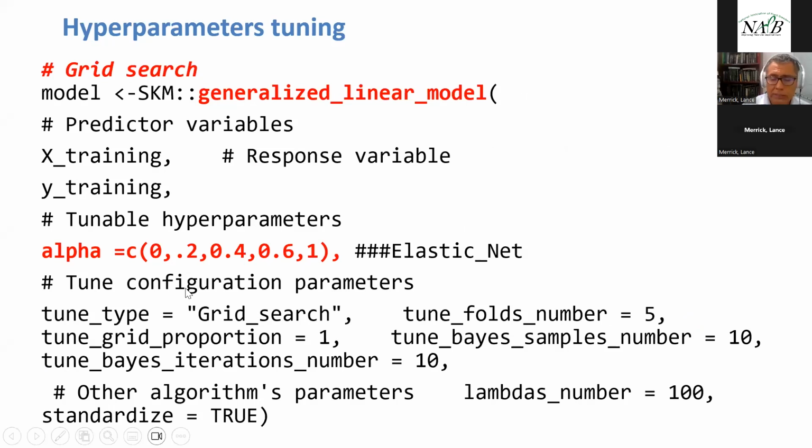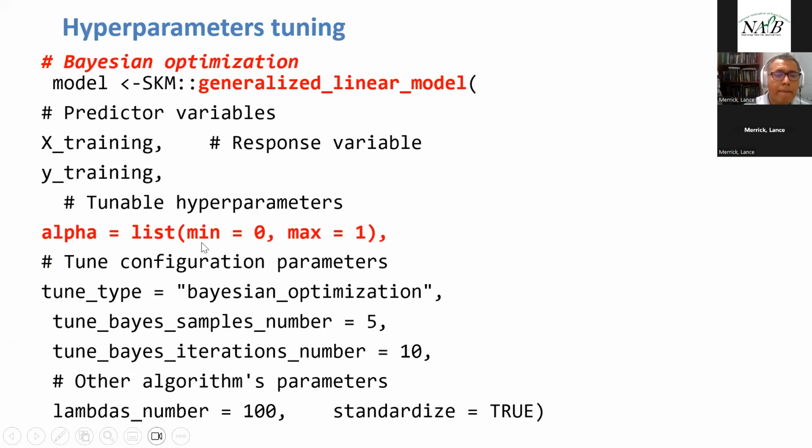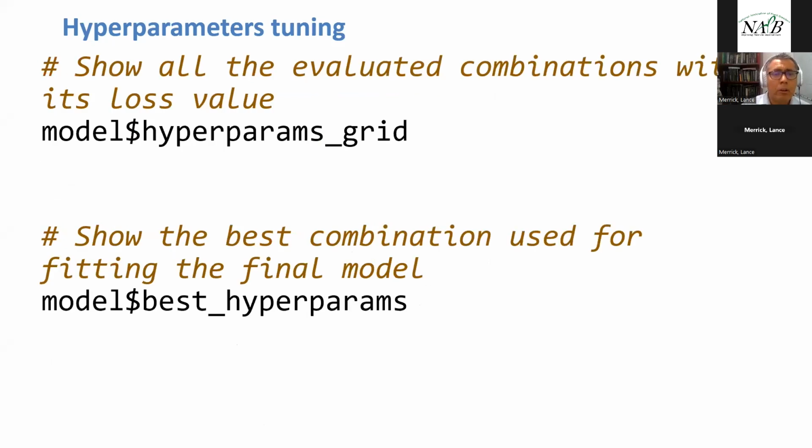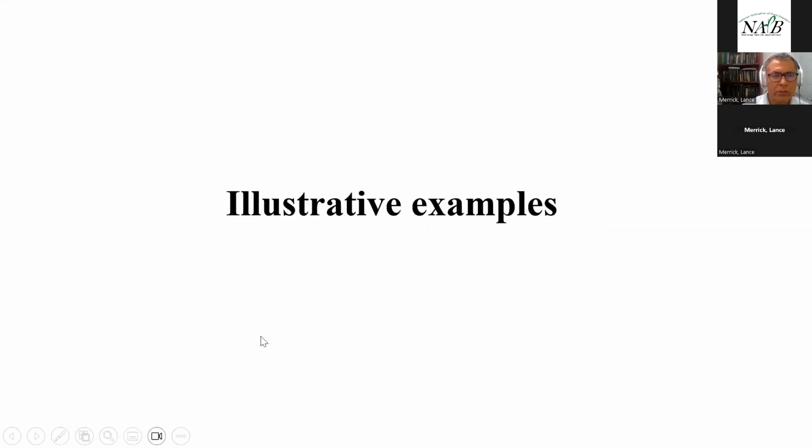But if you put, for example, a list with minimum and maximum values for each of the hyperparameters, you can use the Bayesian optimization, which is another way for hyperparameter tuning that in general is more efficient than grid search, because with grid search, the quality of the prediction depends on how large and exhaustive the grid is that you provide. Also, at the end, you can extract the best hyperparameters combination with this function.